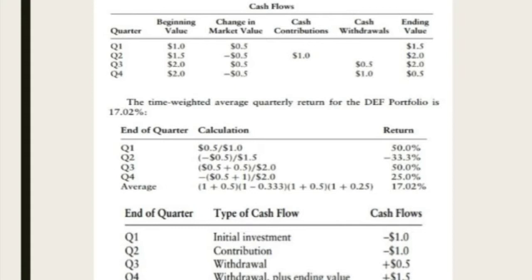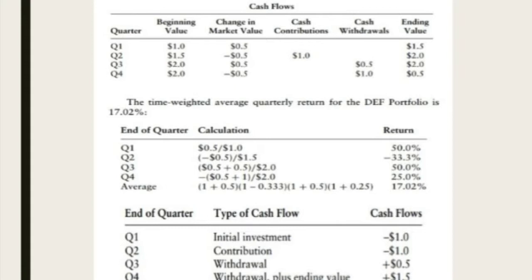In this example, the time-weighted average quarterly return for the DEF portfolio is 17.02%. In quarter 1, the calculation is $0.5 divided by $1.0, and the return is 50.0%. In quarter 2, negative $0.5 divided by $1.5, the return is negative 33.3%. In quarter 3, the calculation is $0.5 plus $0.5 divided by $2.0. The return is 50.0%.